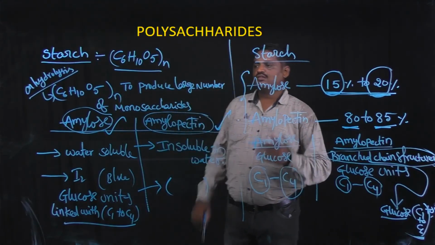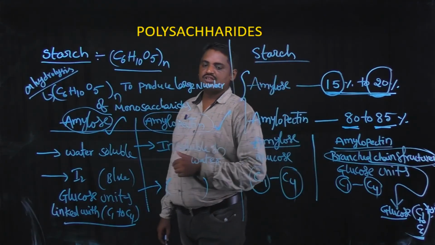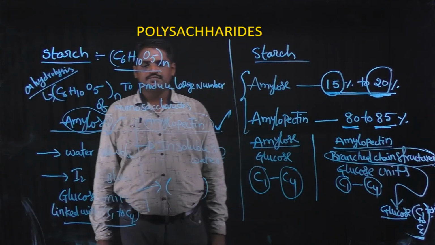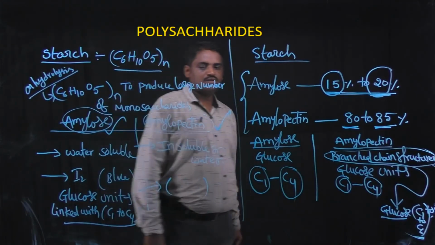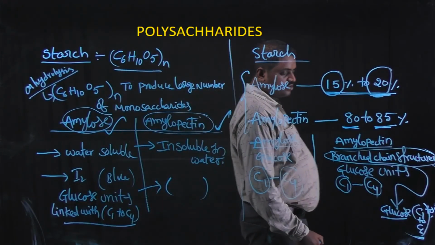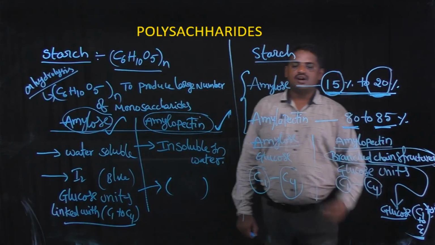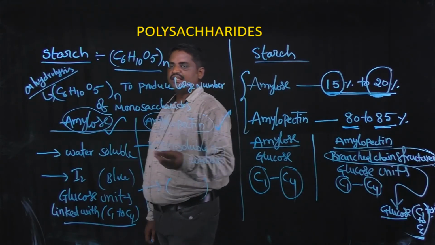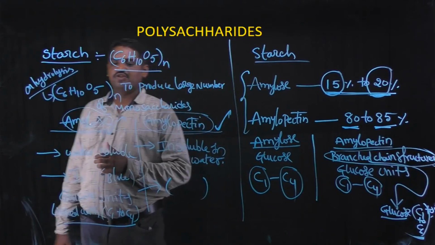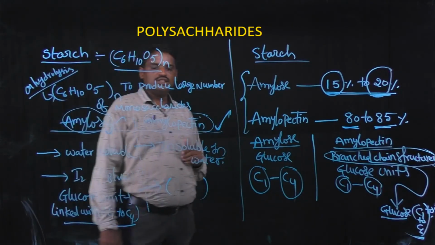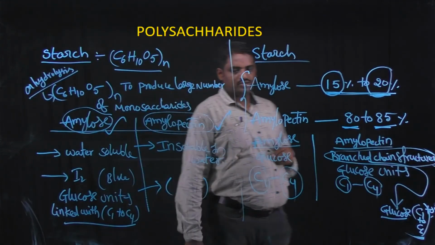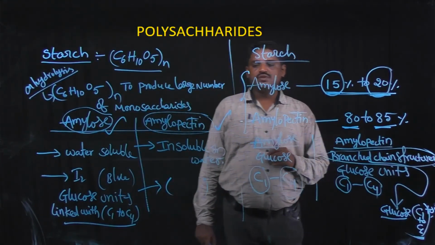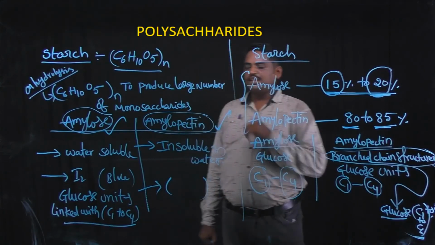Next, what are the main advantages and uses of carbohydrates? Generally, carbohydrates are used to create a large amount of energy for human beings. That is one of the best advantages.